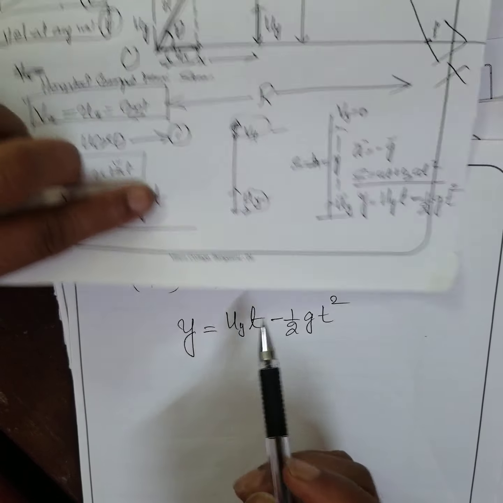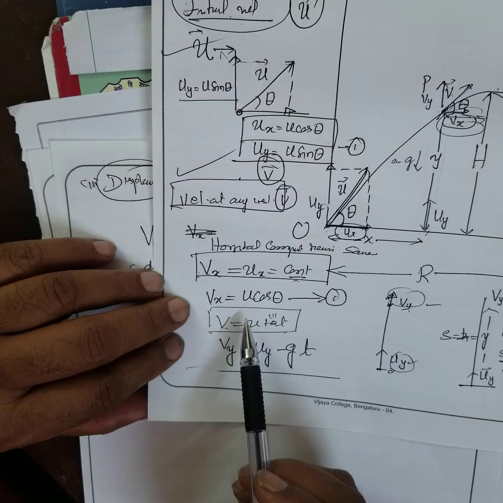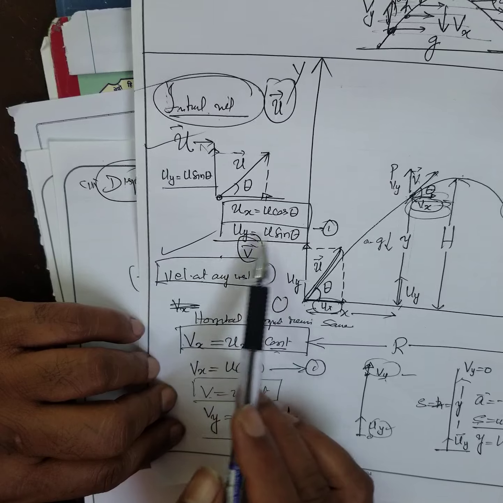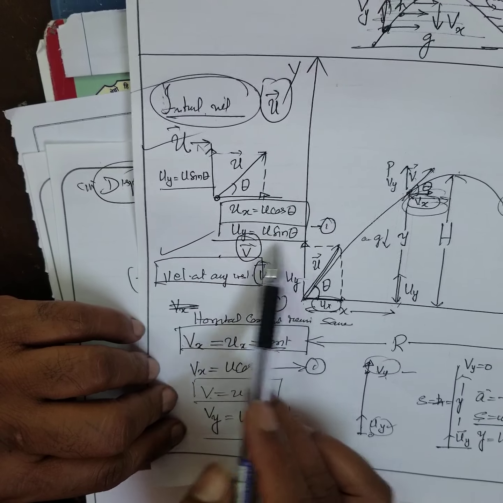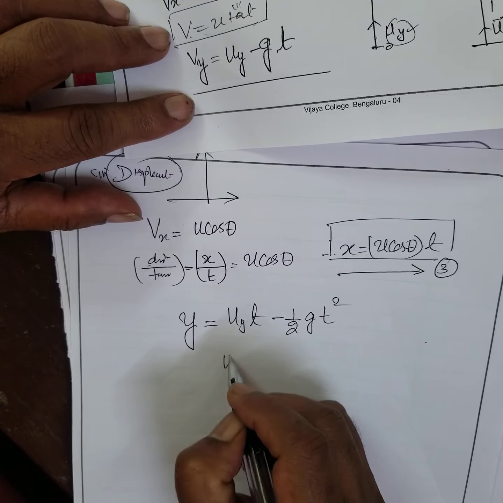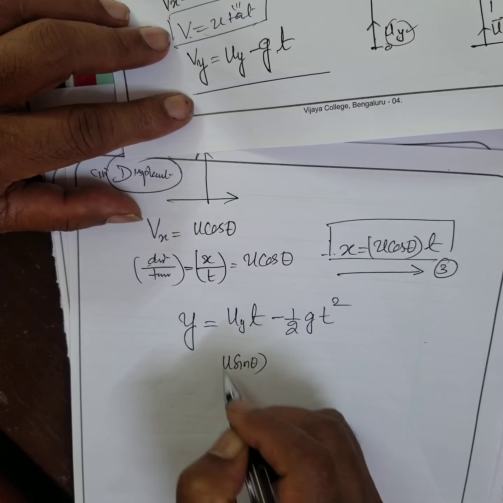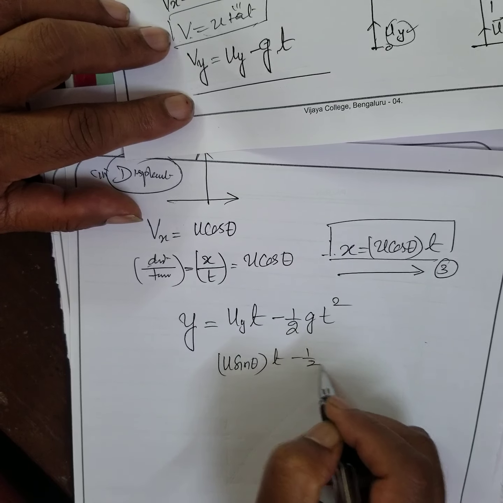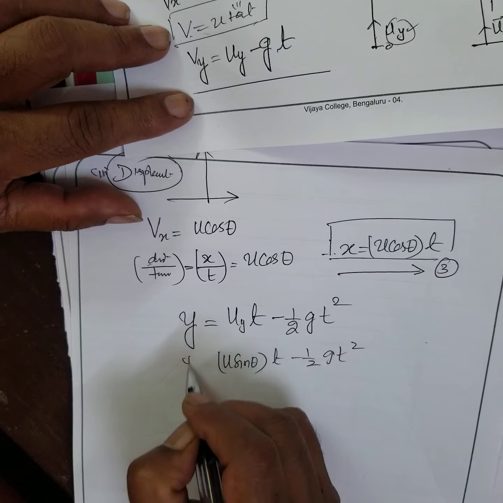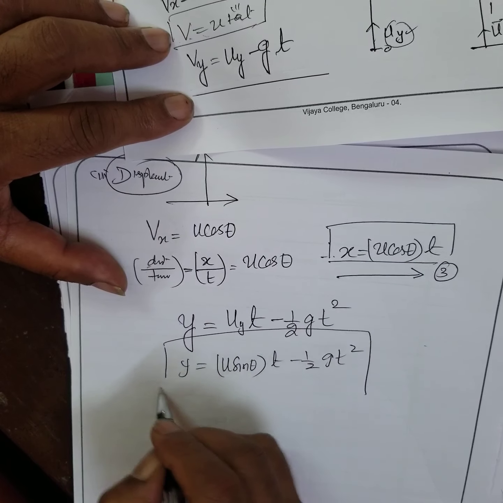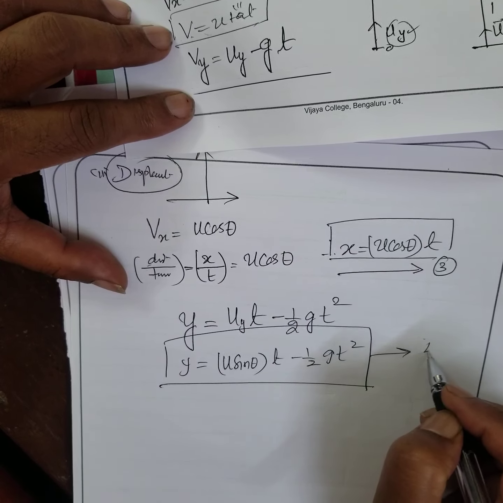Then what is uy? Uy is u sin theta. So y is equal to u sin theta t minus half g t square. Fourth equation.